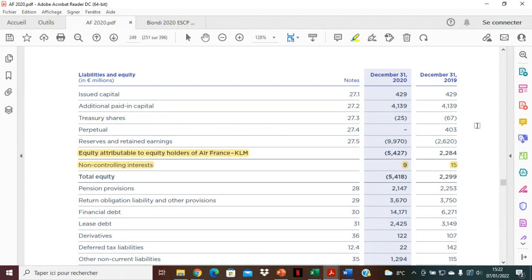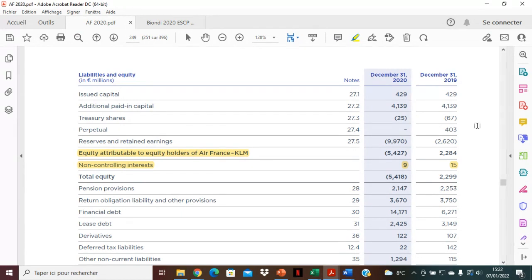What does this tell you? If I have a rather low amount of non-controlling interest, what does that mean in terms of how I control, how I own my subsidiaries? My non-controlling interest here is very small. What does that mean? Any idea?